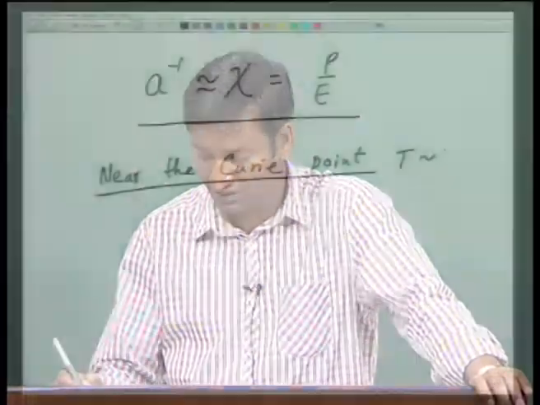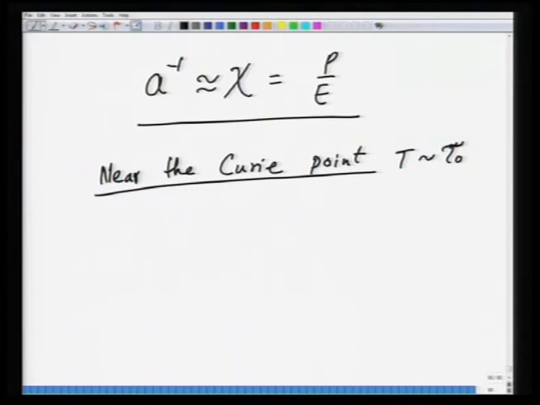So near T equal to T naught, we can assume A to be equal to A naught into T minus T naught, and so now you can see that A is dependent upon temperature, but A naught is not. As a result, this A naught is always positive.